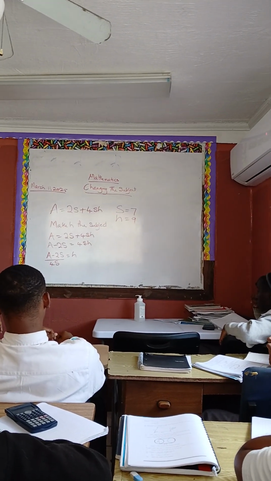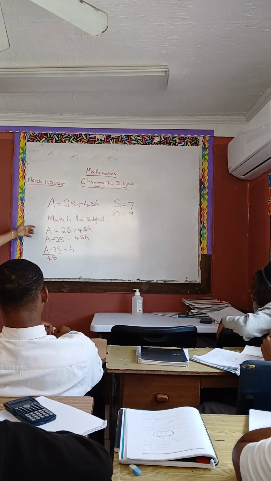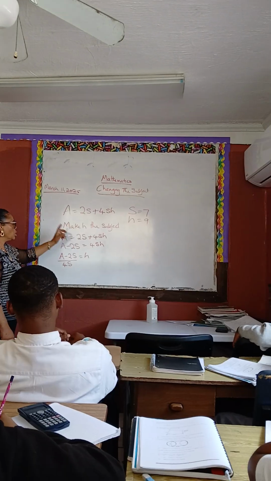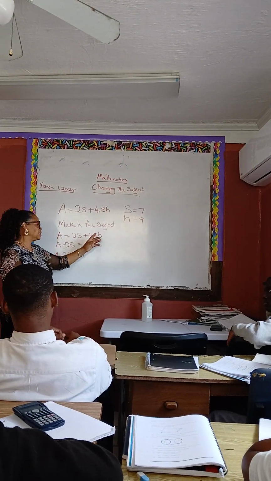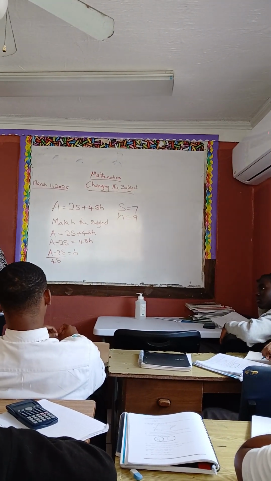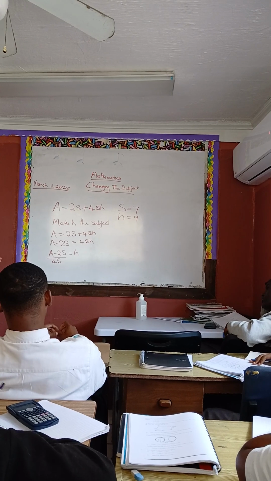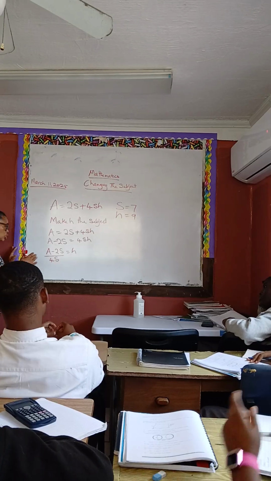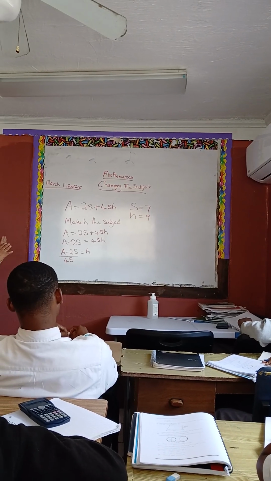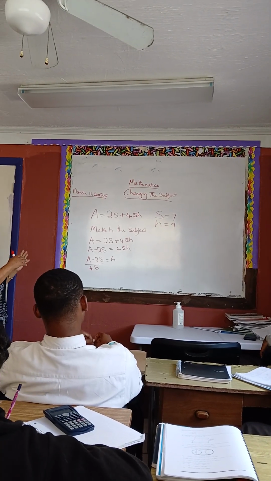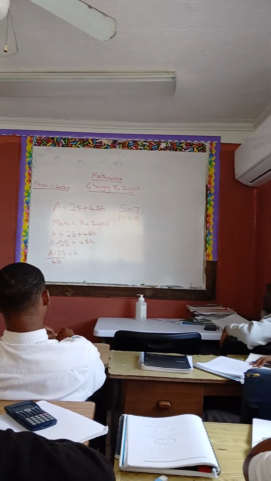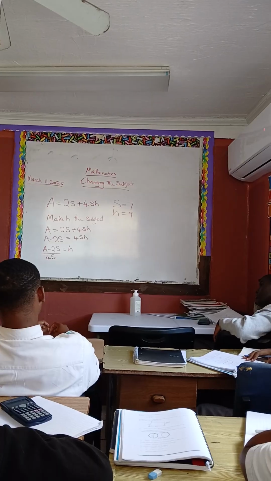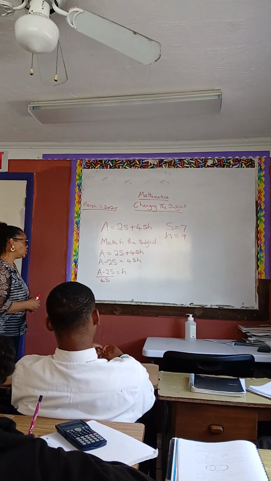So let's go again. I said initially we have A as the subject. A equals 2s plus 4sh. I'm going to move over everything, because I want H to be the subject. So I'm going to move over everything until H is left by itself over on that side. First thing I'm moving over is 2s. 2s right there is an addition.